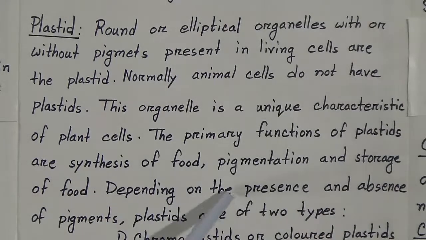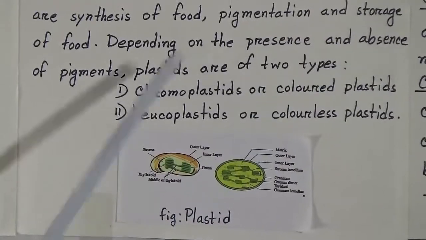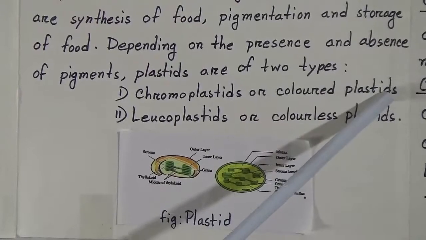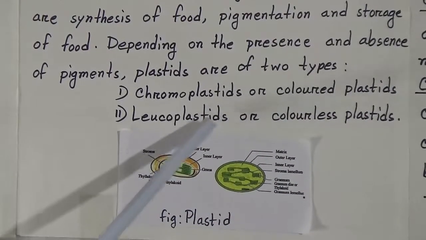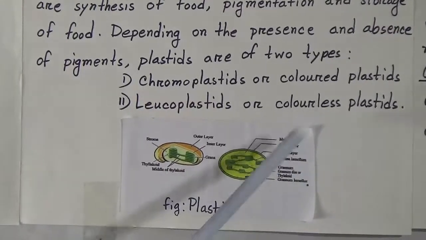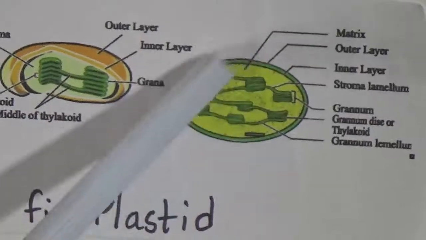Depending on the presence and absence of pigments, plastids are of two types. One number chromoplastid or colored plastids. Two number leucoplastids or colorless plastids. You can see here is a picture. This is plastid.